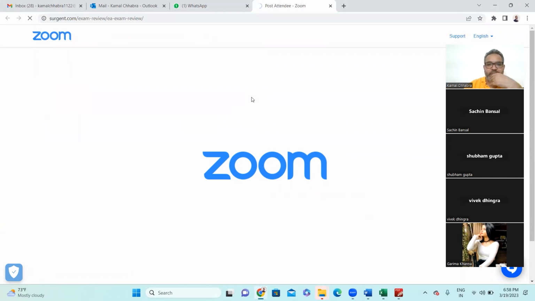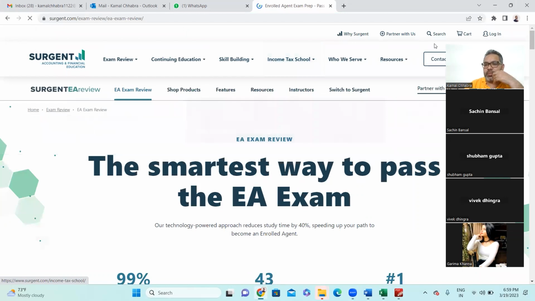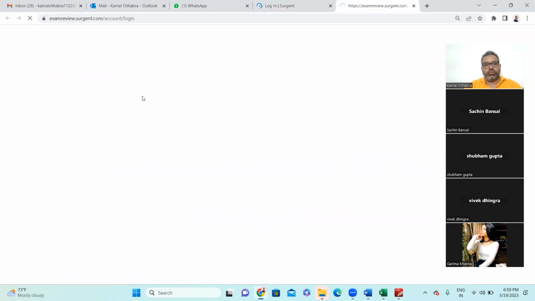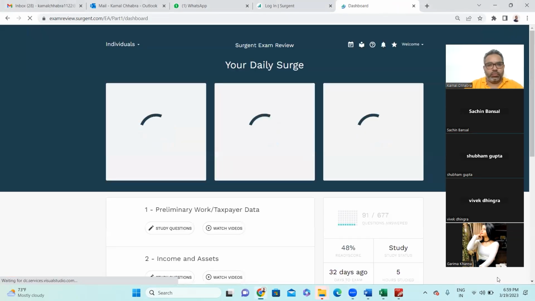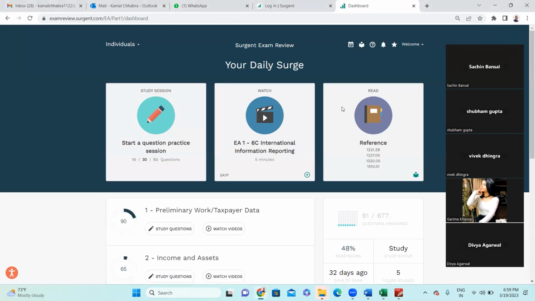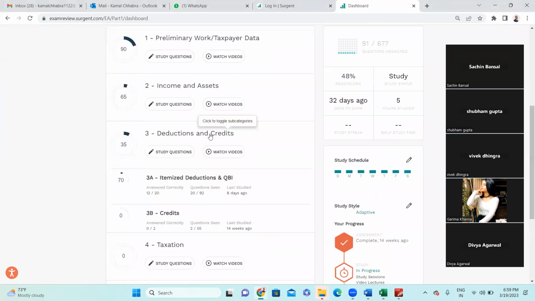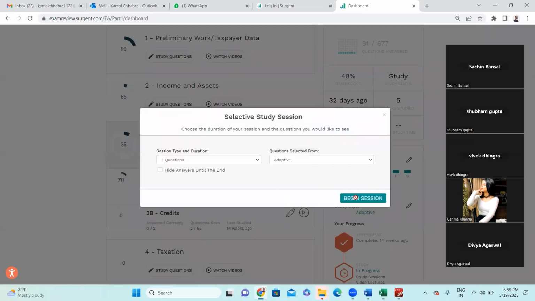Let's do some practice questions together so that we all are on the same page. We are in chapter 3, deduction and credit. So let's do some questions on credits.